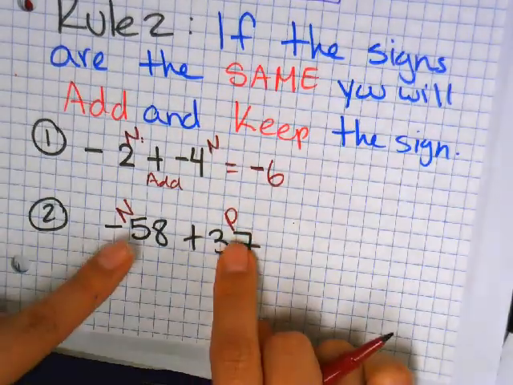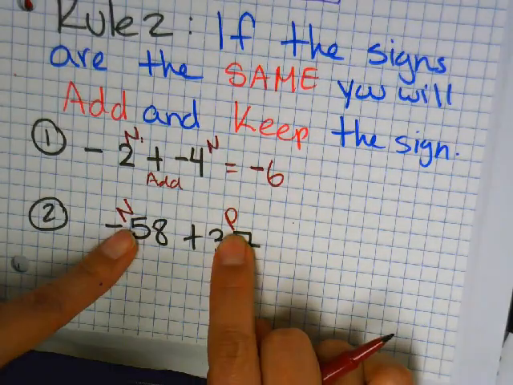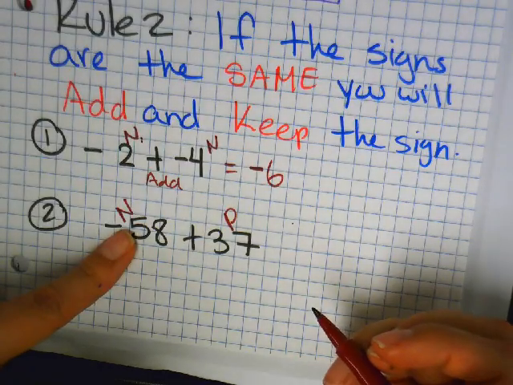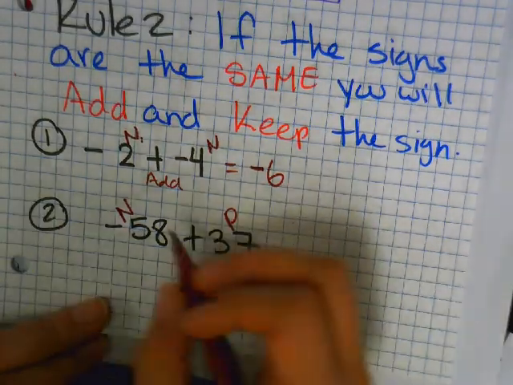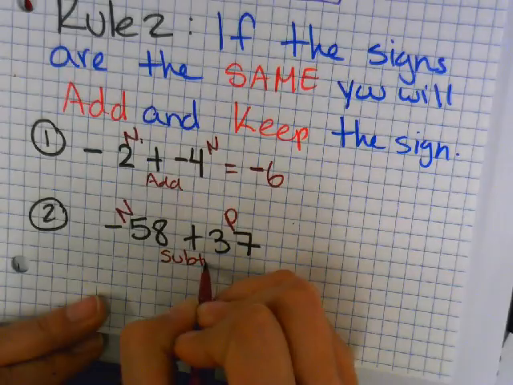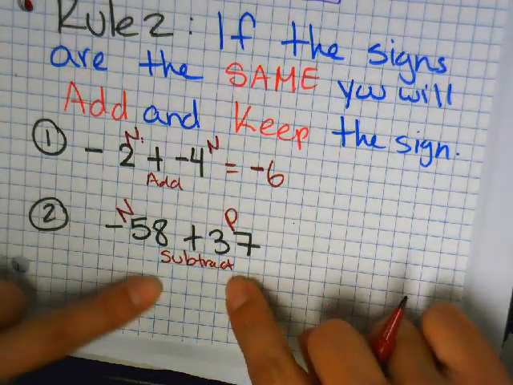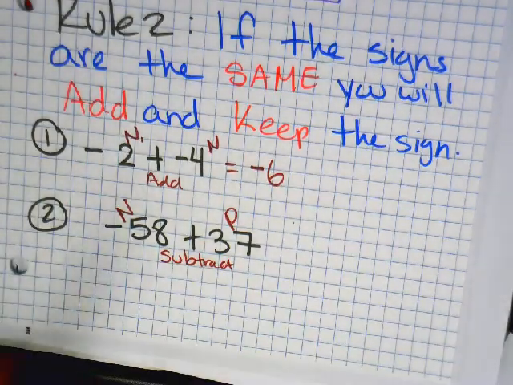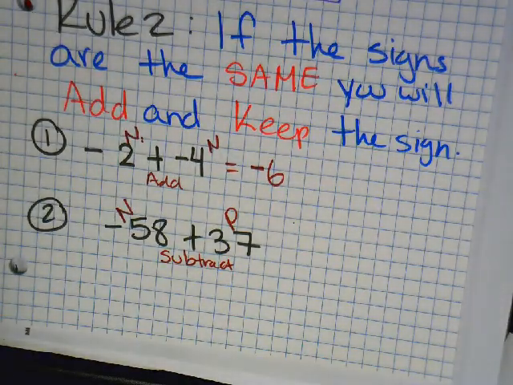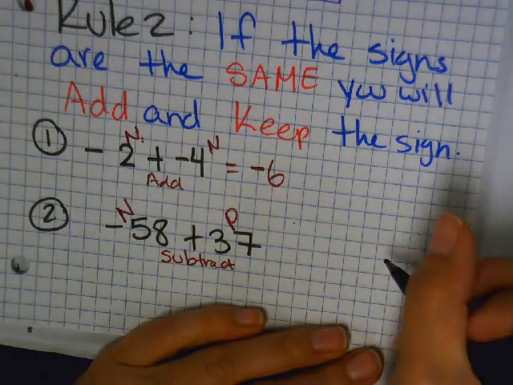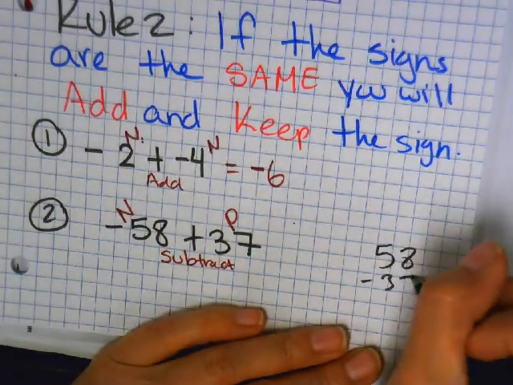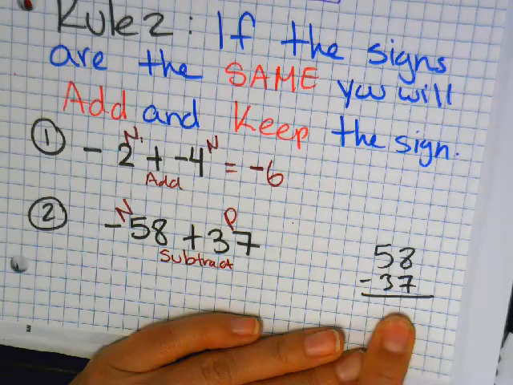So are they the same or different? They're different. So are you going to add or subtract? If you have different signs, you're going to subtract. But do I rewrite it as subtraction? No. Keep it like that. On the side, subtract.